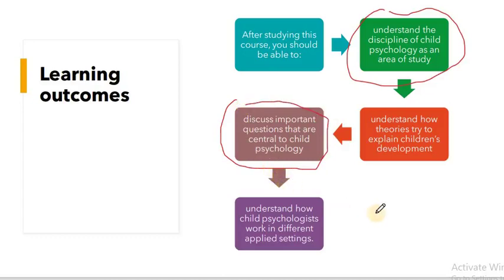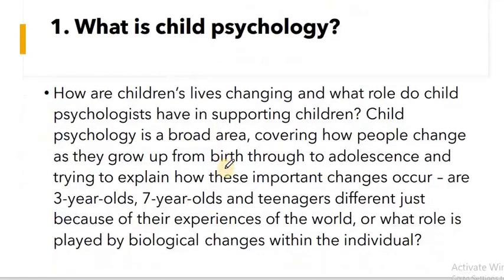You should be able to understand how theories try to explain children's development. Finally, you should be able to understand how child psychologists work in different applied settings. So these are our objectives for this particular Module 1. Are we together? Good. So let's start.